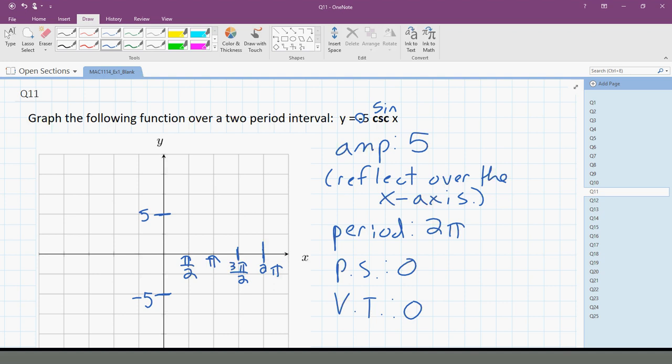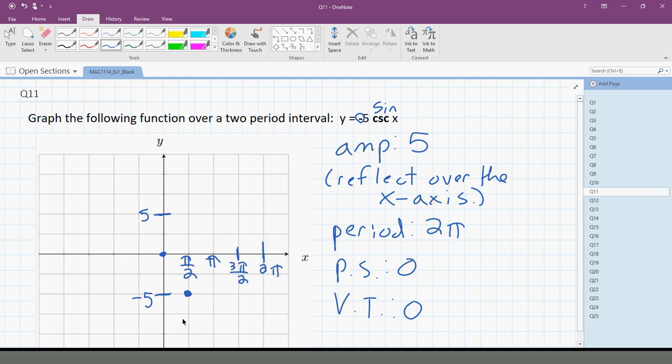Up at the 5 or at 0? Okay, it starts at 0. Now, because we are reflecting, this is where we have to keep this into consideration. Where do we go from here? Do we go up or do we go down? We go down, because the original sine graph will start going up in the beginning. But here we need to go down.